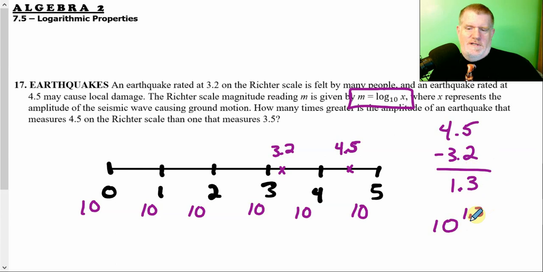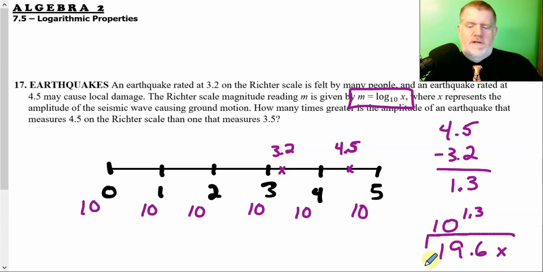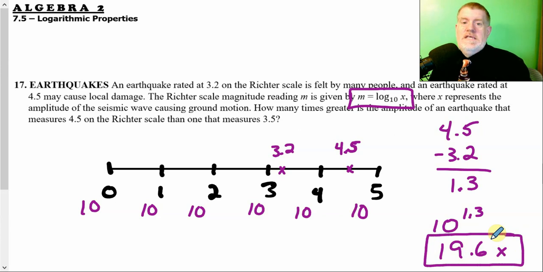Okay. Now that's a pretty big number. Well, is it a big number? Let's find out. 10 raised to the 1.3 would actually be about 19.6 times greater. Yikes.